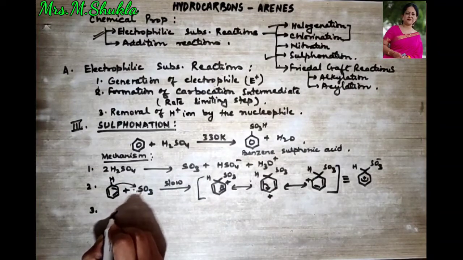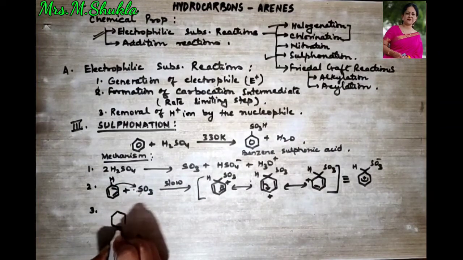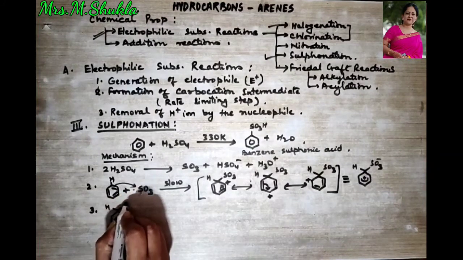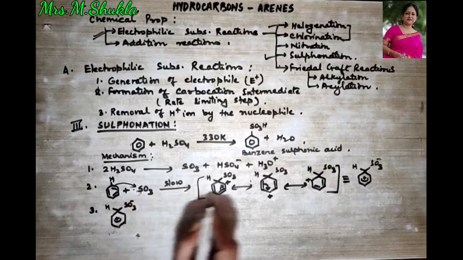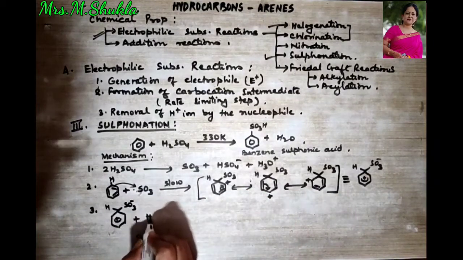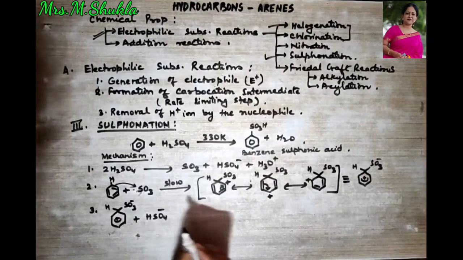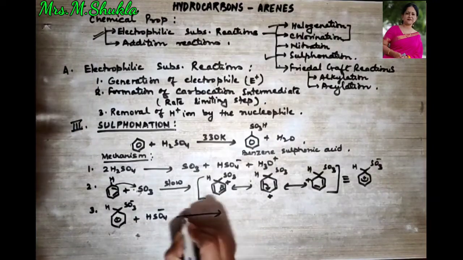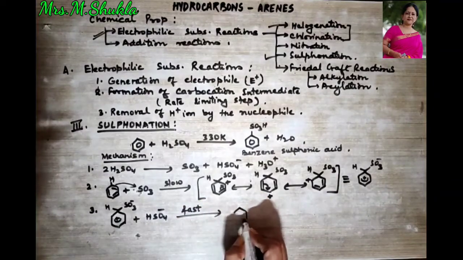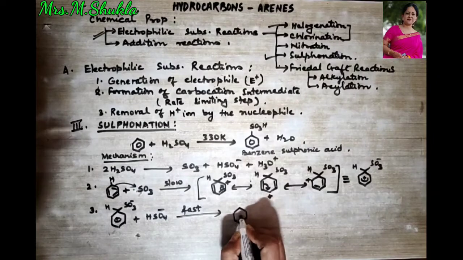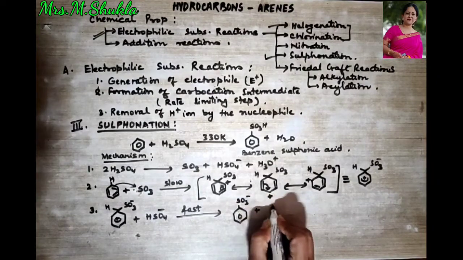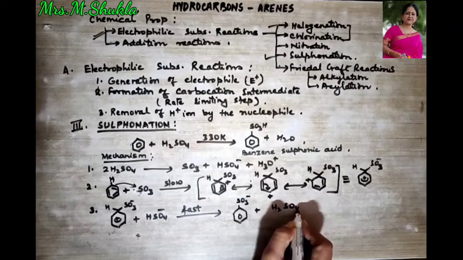So let us bring the resonance hybrid here. Again, as I said, resonance hybrid could be of any of these resonating structures, okay? And it combines with your nucleophile. This is your fast reaction and it is going to give us SO3 minus plus H2SO4.